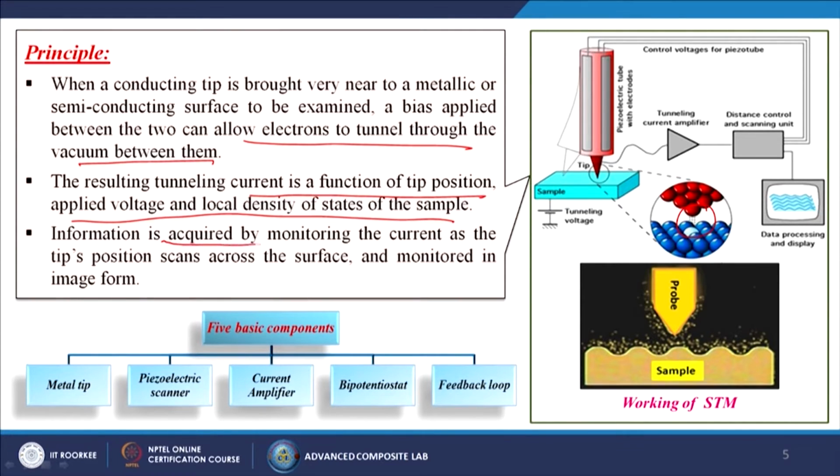Information is acquired by monitoring the current as the tip scans across the surface, and it is displayed in image form. So, this is the sample and this is the probe, and generally it moves like this. There are 5 basic components: metal tip, piezoelectric scanner, current amplifier, bipotentiostat and the feedback loop.